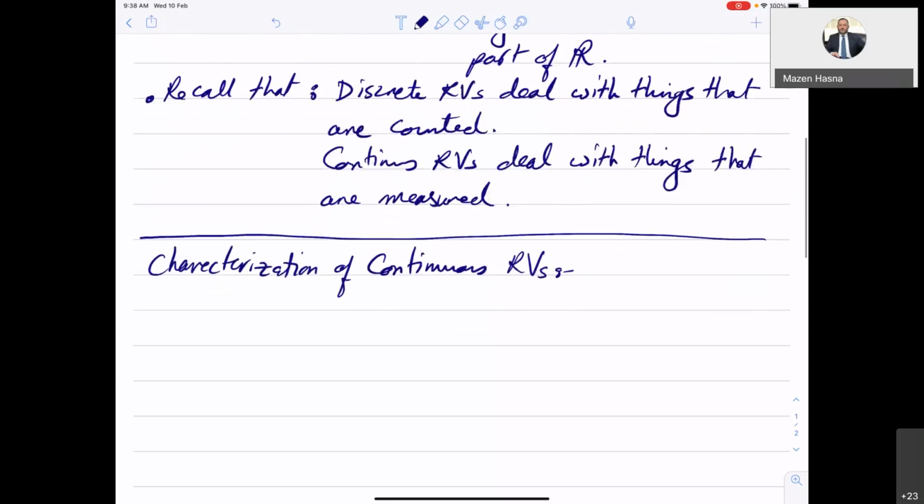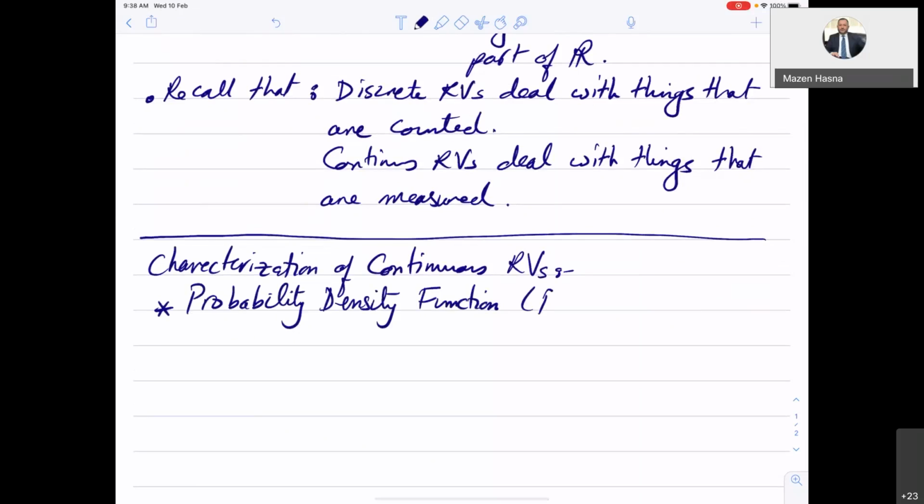And the first way of characterizing a continuous random variable is what we call the probability density function, or the PDF. And if you recall, we call it f of x. And let me write down the definition of the f of x in the continuous domain, and then we give some examples.